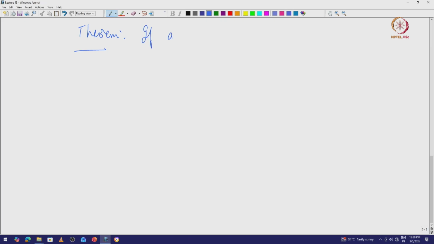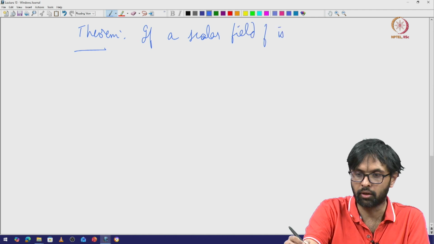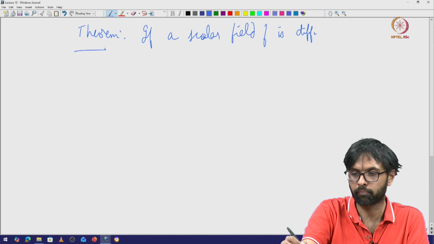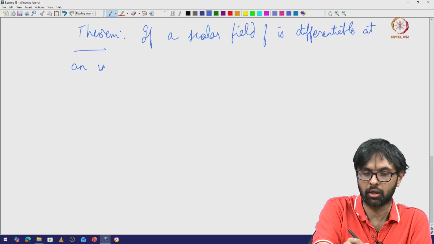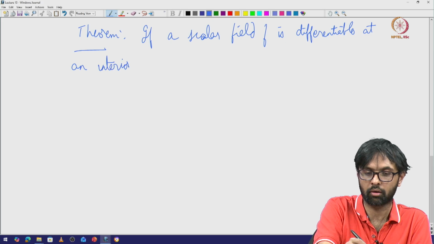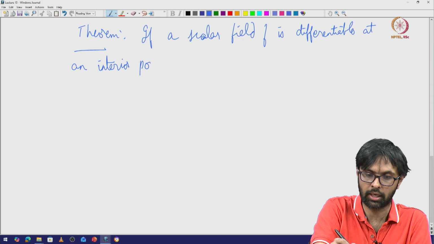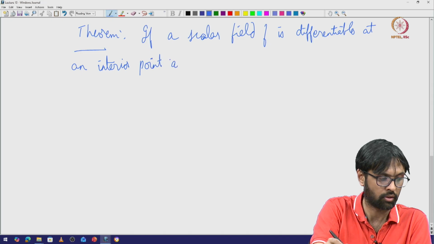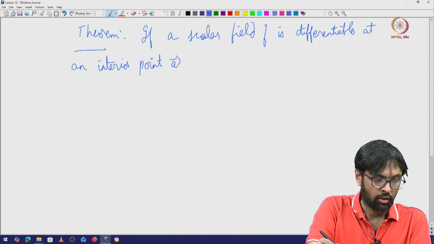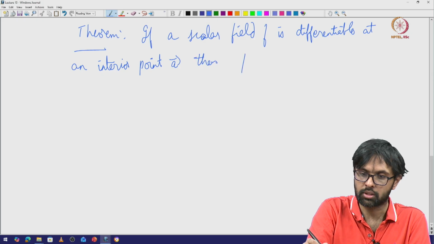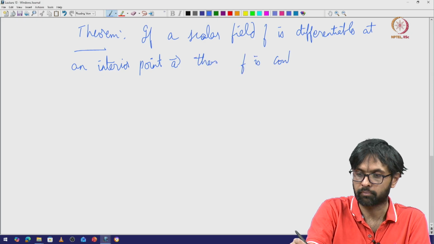If a scalar field f is differentiable at an interior point a of the domain, then f is continuous at a.